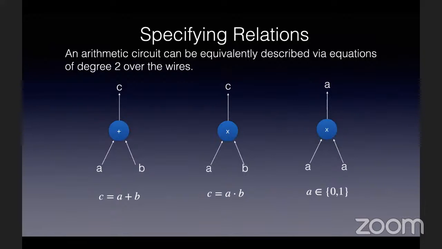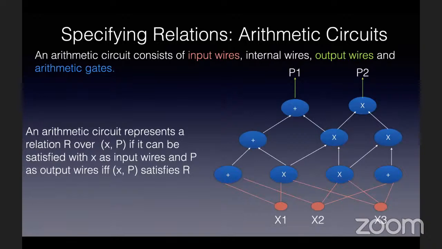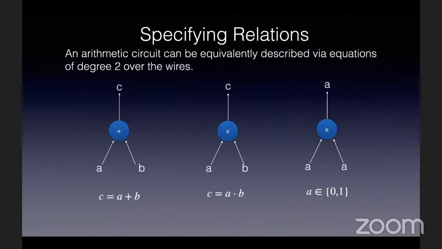Another way to capture this arithmetic circuit is to describe it in terms of degree 2 equations. An arithmetic circuit is equivalent to equations of degree 2 over the wires.